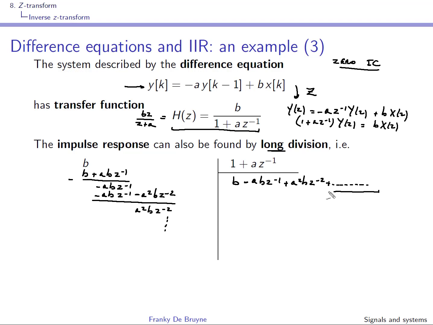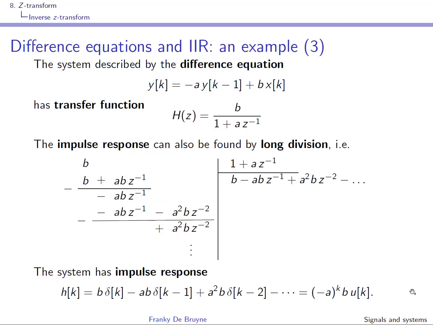So this will yield here an expression of z for which it's easy to compute an inverse z transform. Indeed, this is the expression of h of z, and if you compute the inverse z transform, this is what you obtain. This is the z transform of a delta located in 0, so b times a unit impulse.